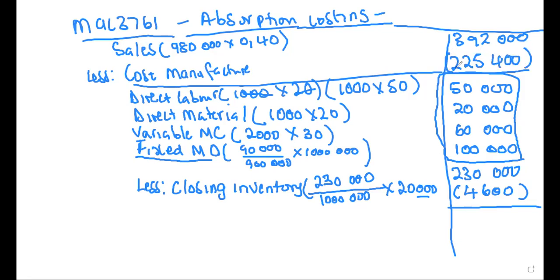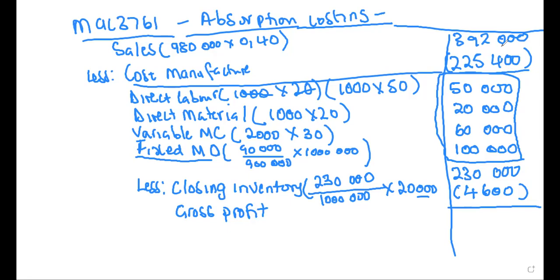So we subtract this. When we do, where do we go after this? We now have our sales and our cost of manufacturing. So where do we go? The structure. Because if you don't know the structure, you will never win. So we need our gross profit, am I right?